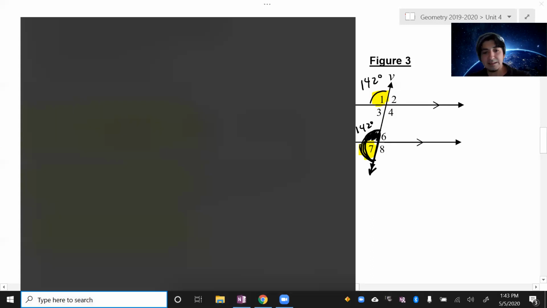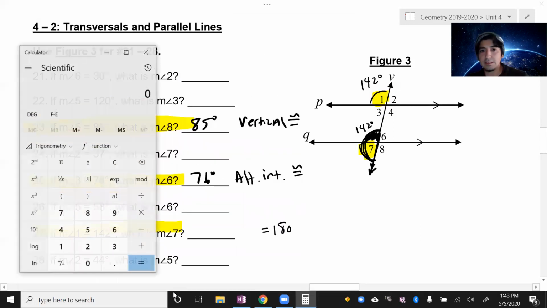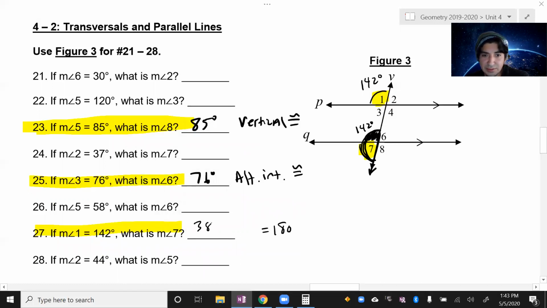So I'm going to go ahead and take 180 minus 142, and you get 38. And this is 38 degrees. So all we did was take 180 minus 142, and that gave you 38 degrees at the end of it. So there you go. We use a linear pair with that one, and we use corresponding with it.